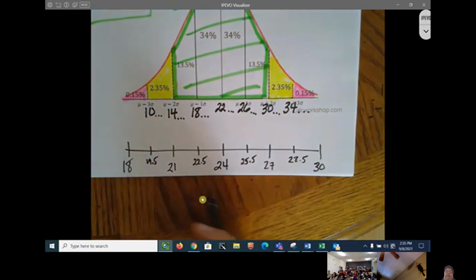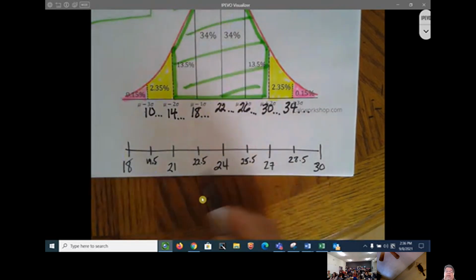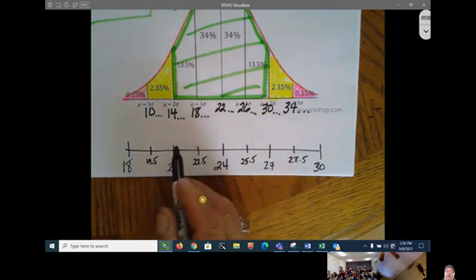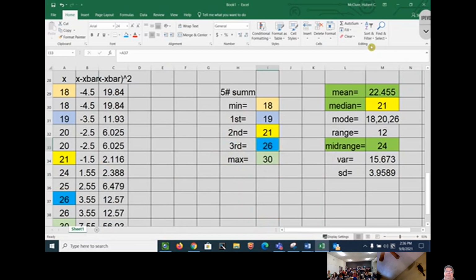Now, how far should you graduate? Well, that's up to you. If you want to fill in between these, then you just keep going. But that's good enough to plot. Our first quartile is 19, and it's light blue. So 19 would be right about here. And then yellow is 21. And then 26 would be dark blue.